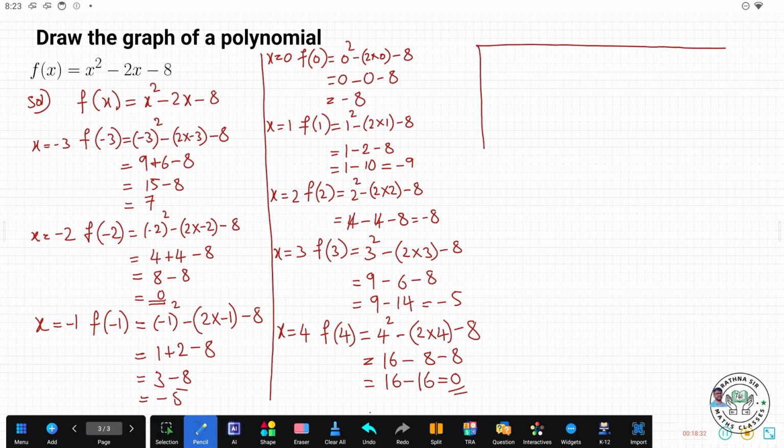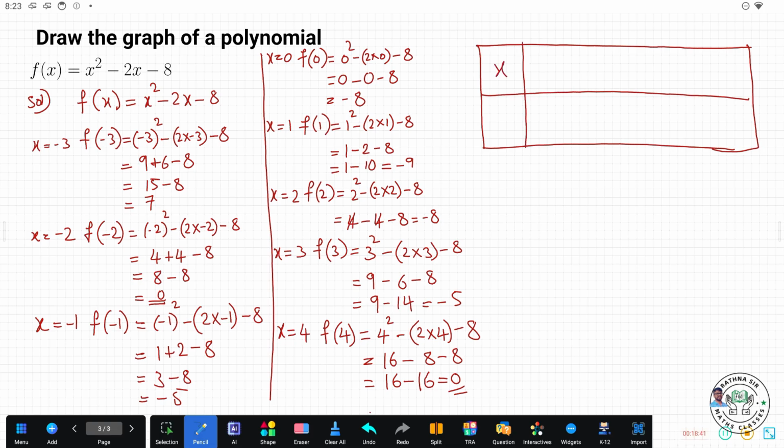Like this. x and y, right? So first minus 3, at minus 3 y is 7. Next at minus 2, y was 0. Next at minus 1, y is minus 5.